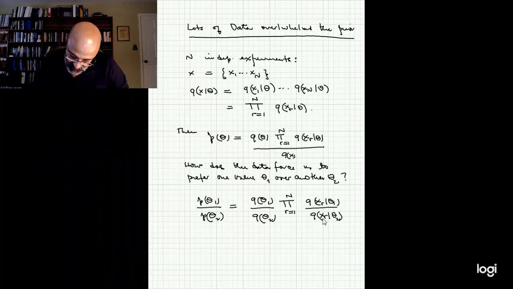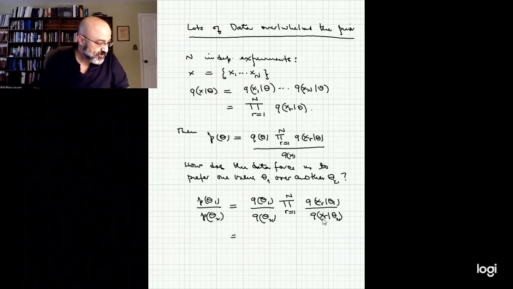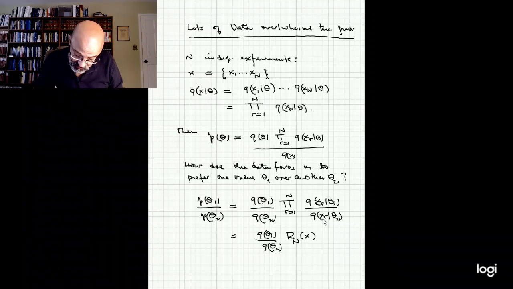So I'm going to use a notation here that will make this a little bit more reasonable. I'm going to call this q(theta 1) over q(theta 2), and this is going to be called the ratio for n, and this is the ratio that depends on the x's, and this ratio is going to be the product of those ratios for each experiment.